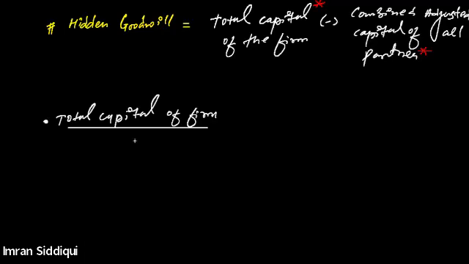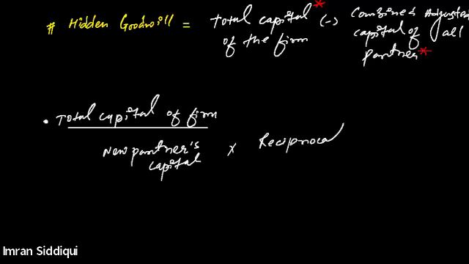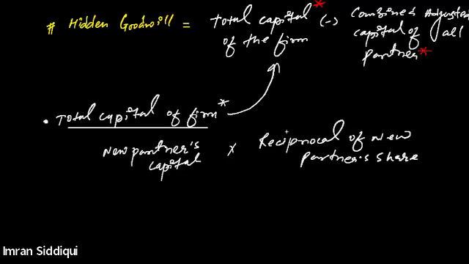Capital of the new partner: whatever the new partner's capital is given in the question, we will multiply it with the reciprocal of the new partner's share. So by applying this formula, we will be able to determine the total capital of the firm.